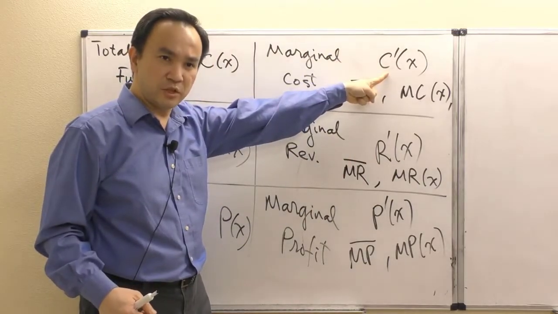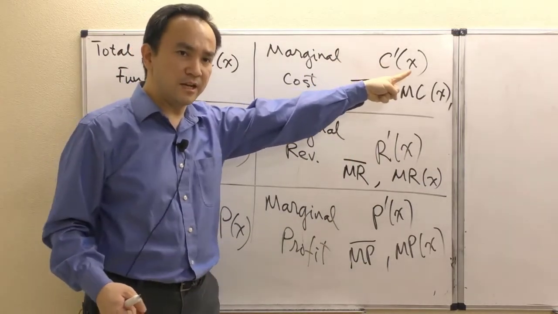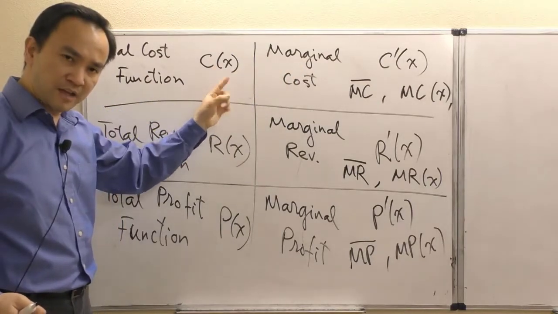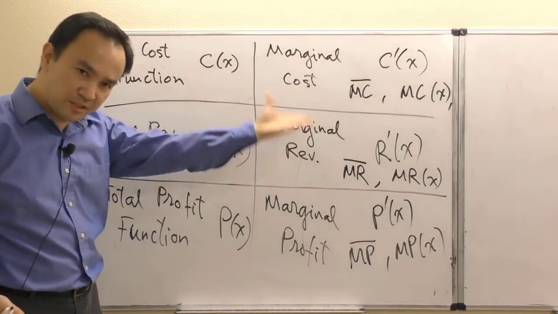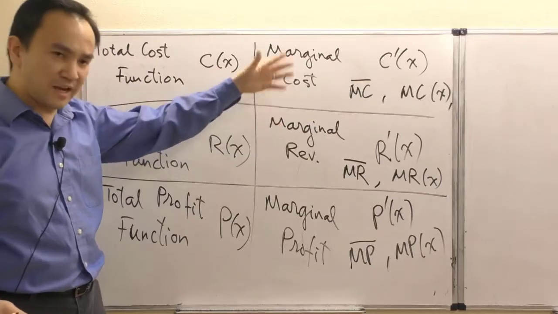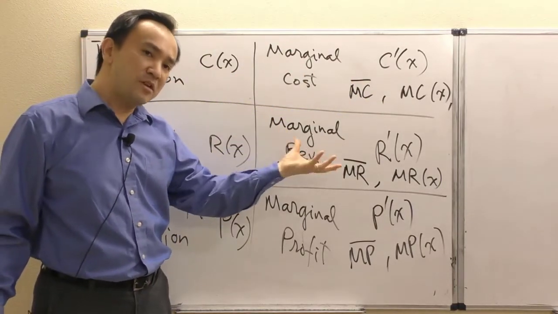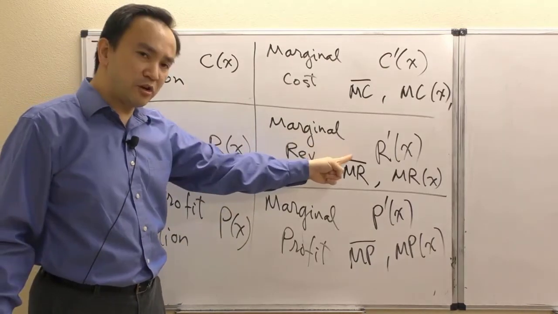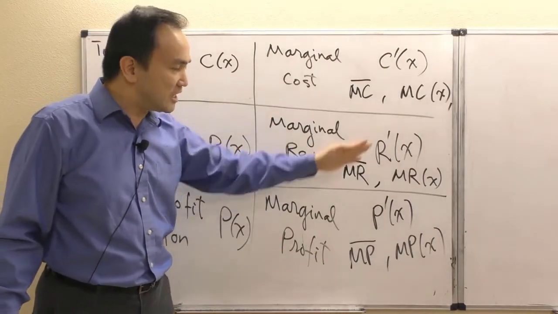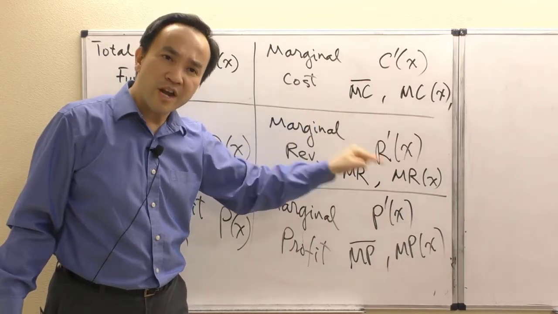The derivative of cost is the instantaneous rate of change of cost at some instance where x is a particular number of units, or at another particular number of units, and the same for marginal revenue and marginal profit. These are all instantaneous rates of change.